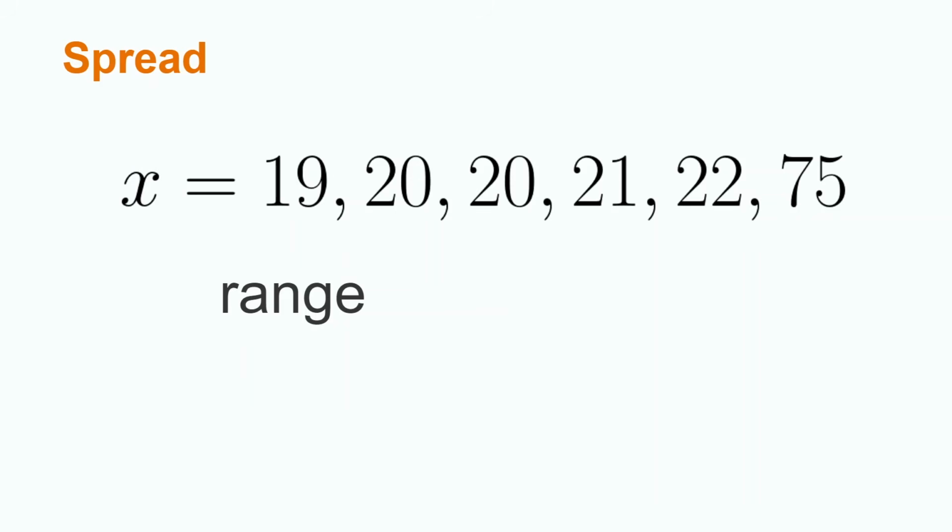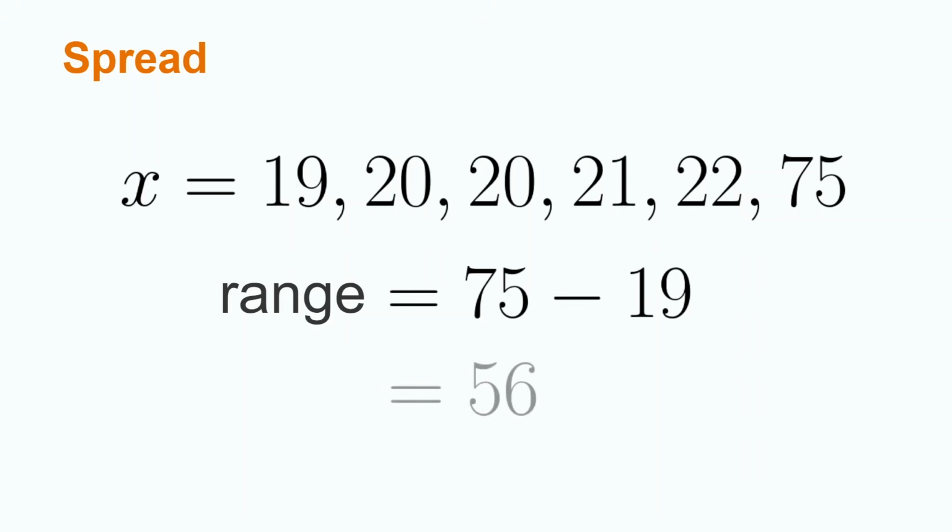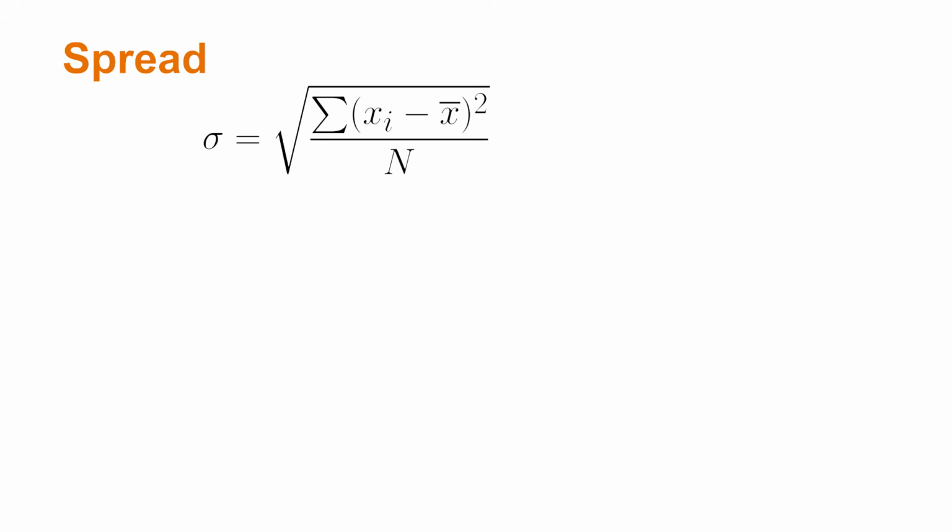Let's say that we want to compute the standard deviation and range of our previous statistics class. To compute the range, we would simply subtract the youngest age of 19 from the oldest age of 75, giving us a value of 56. To compute the standard deviation, we will use the formula for population standard deviation because we were looking at data from an entire class, the population.